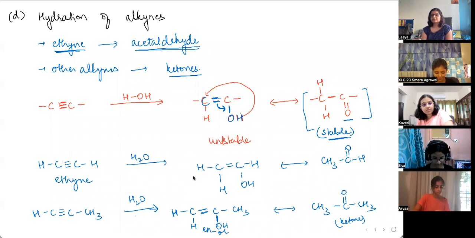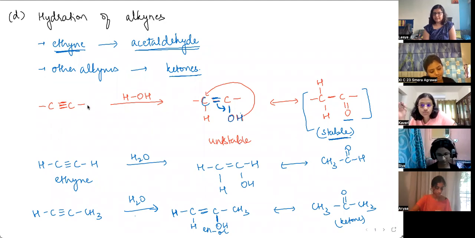Smera and Sia, have you finished writing or are you still noting? The one drawn in red and the one just below it are the same thing, right? No, this is general. I have not put anything on either side.